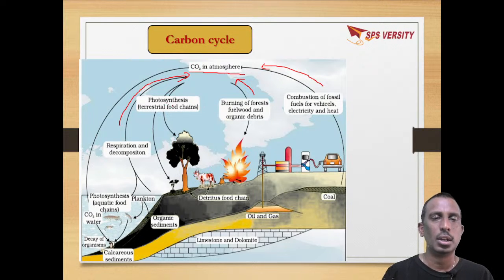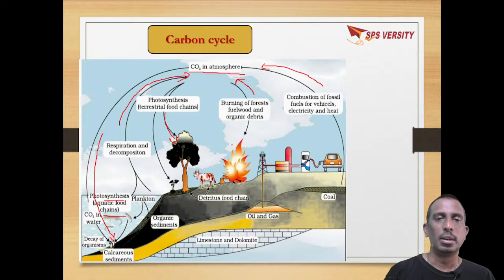Whatever CO2 is present in the atmosphere is used by plants for photosynthesis. It is also used for the formation of calcareous sediments, and for photosynthesis in the aquatic food chain. Whatever CO2 is present in water is used for the formation of calcareous sediments.